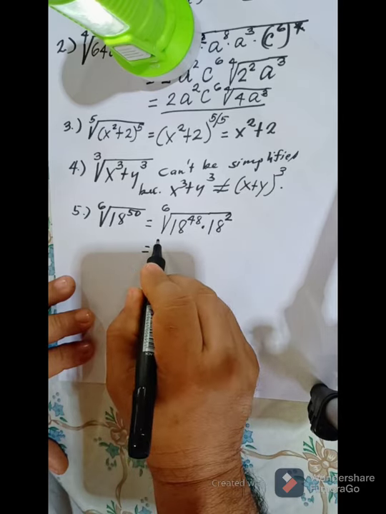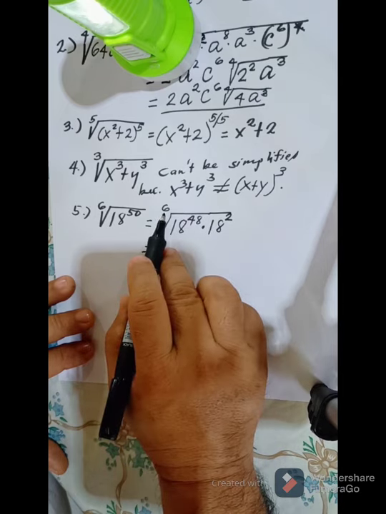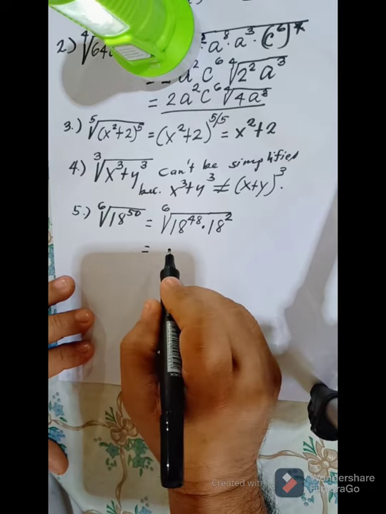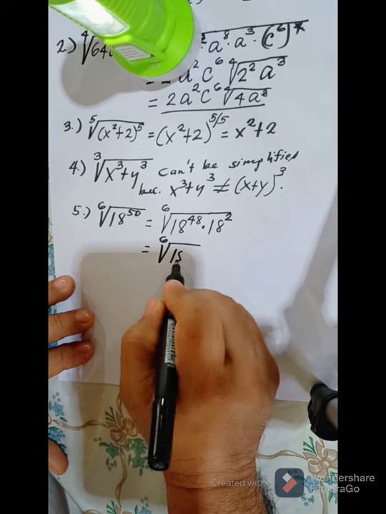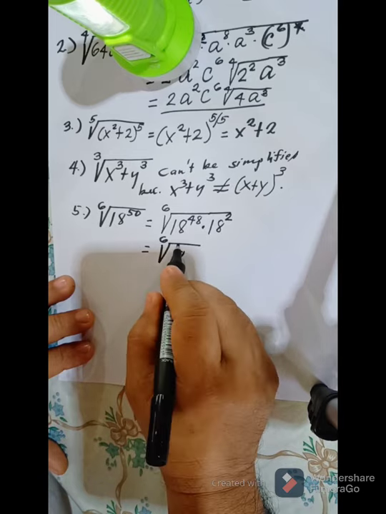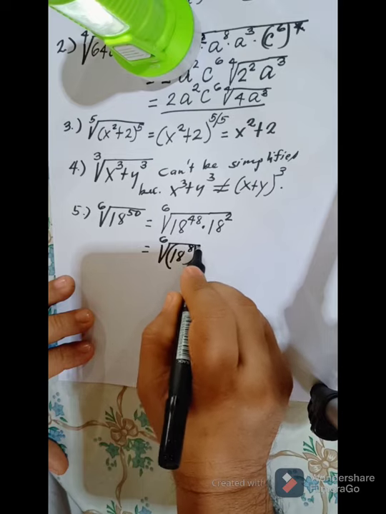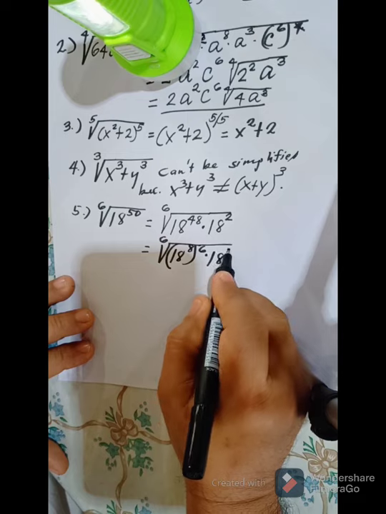Then 48 divided by 6 is actually equal to 8. So this is the sixth root of 18 to the power 8 raised to the power 6 times 18 squared.